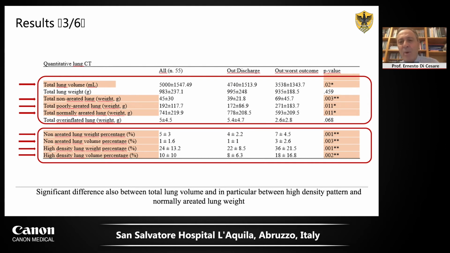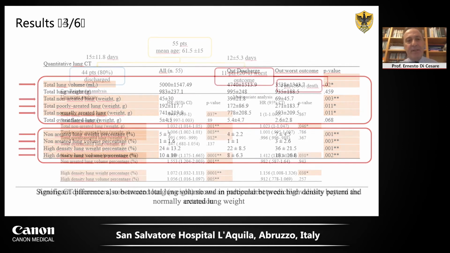But when we calculate the percentage, you can see a great increase in the significance between these two groups. For non-aerated lung weight percentage, you can observe a p-value of 0.001, and similar data for non-aerated lung volume percentage, high density lung weight percentage, and high density lung volume percentage.